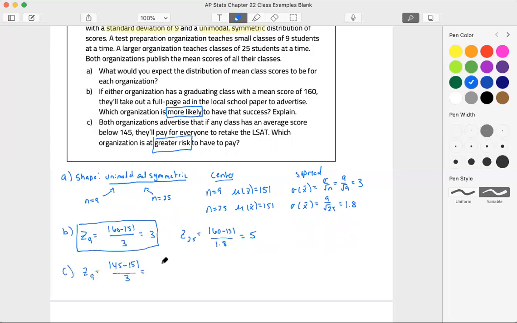And for that one, I am going to get, I believe, -2. And then I do z sub 25, and I do 145 minus 151 divided by 1.8, and I get -3.3, I think. So again, the one that's at more risk is the smaller class size.